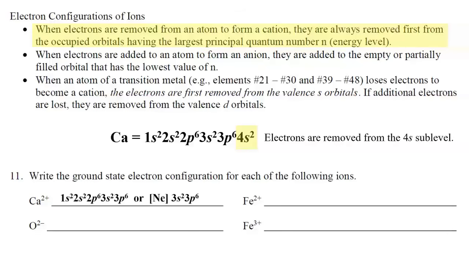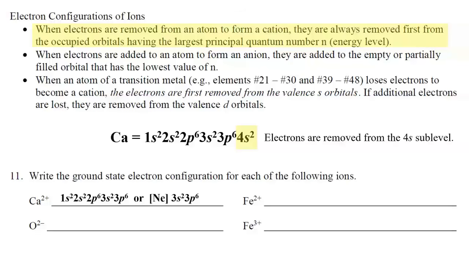You might be thinking, why not just abbreviate this electron configuration as argon, the noble gas argon, Ar, in brackets? Well, the problem with that as an abbreviation is that you're not giving us the outer shell and not indicating the energy level and the sublevel. So even though argon is the noble gas that has exactly 18 electrons, you cannot just use that symbol as the only thing that you write.